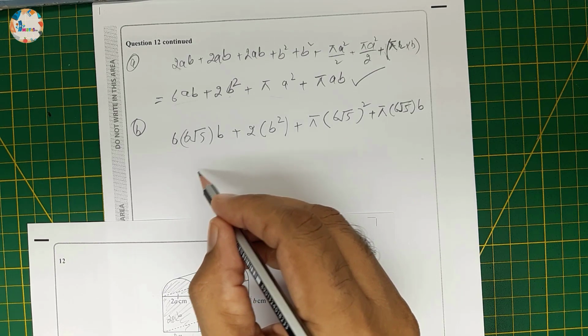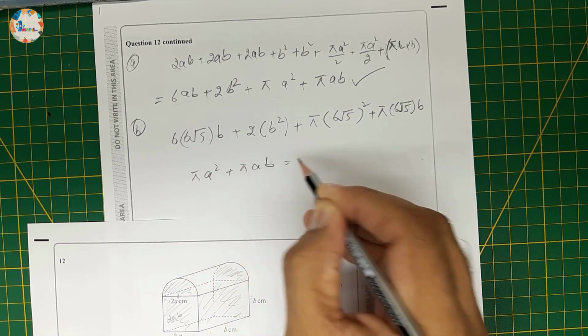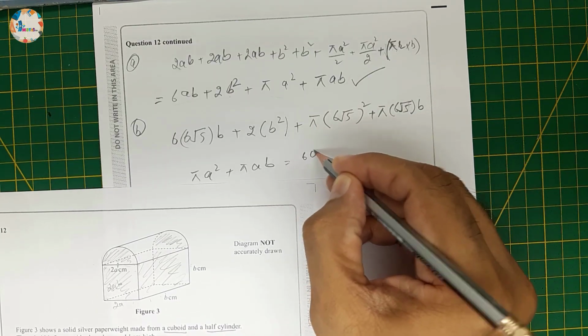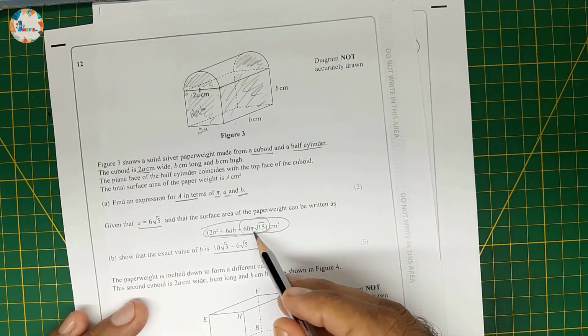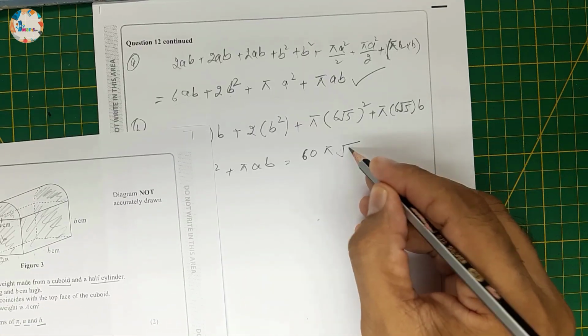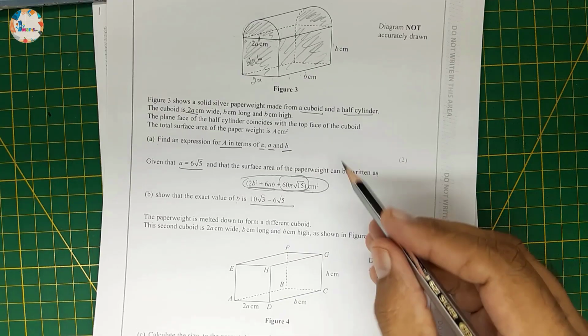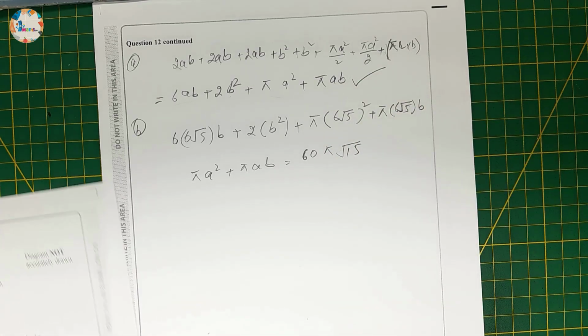So we can write here pi a squared plus pi ab is equal to 60 pi under root 15. So this relation we got by comparing this equation with our answer, which is part A.